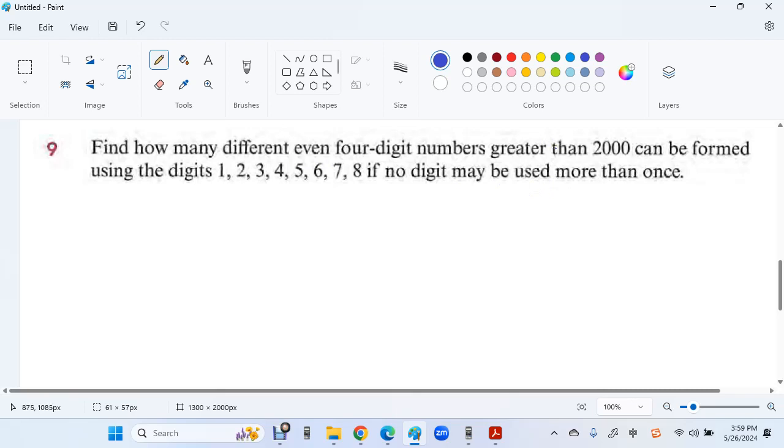So 4 digits, greater than 2000 and even, so we can start with 2, 3, 4, 5, 6, 7, 8, and then we can end with even, right? 2, 4, 6, 8.